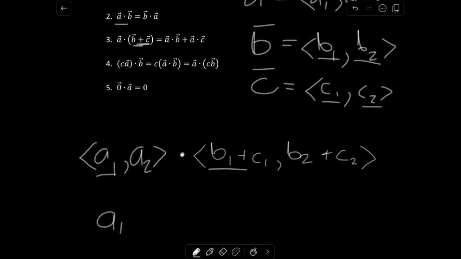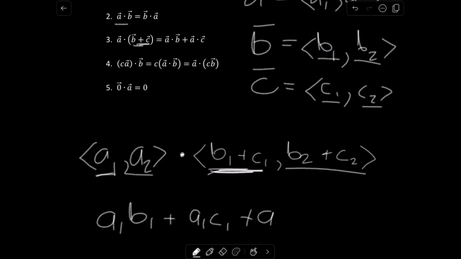So it will be A1B1 plus A1C1. That's the first component being multiplied by the first component of this vector here. And then we'll take the second component, A2, and multiply it by the second component of that vector. So it will be plus A2B2 plus A2C2.